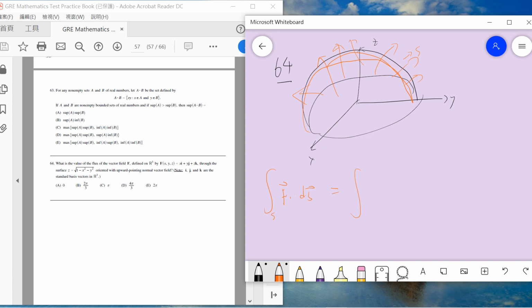Okay. So this is x, y, and z dot with the normal n. The normal vector is basically x, y, and z. Notice that since this is a hemisphere, we have dA. So we have x squared plus y squared plus z squared, which is 1, times dA.